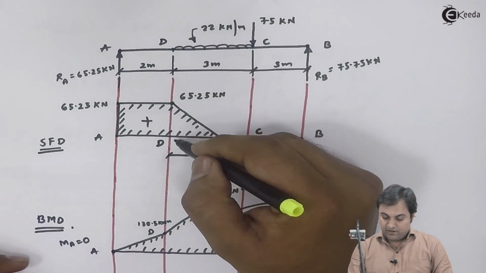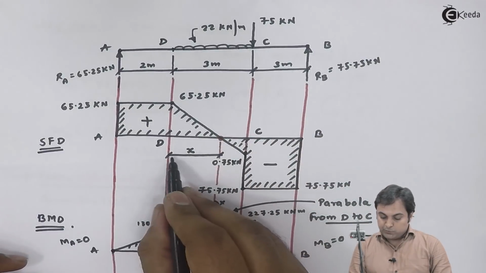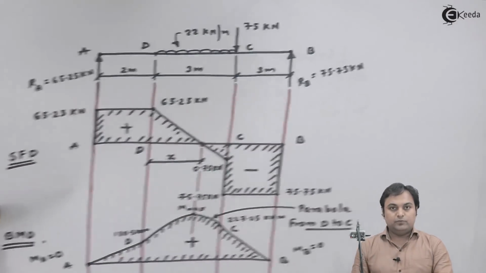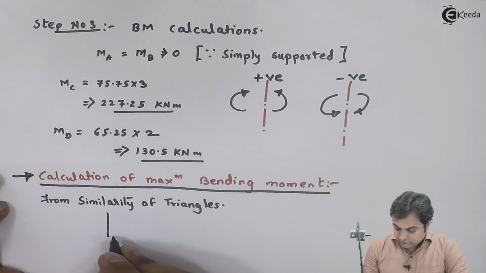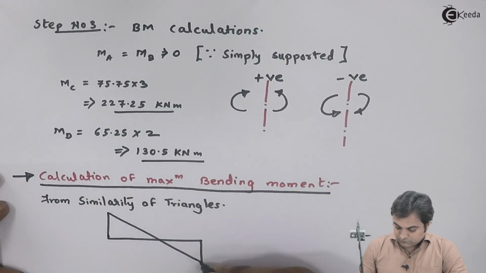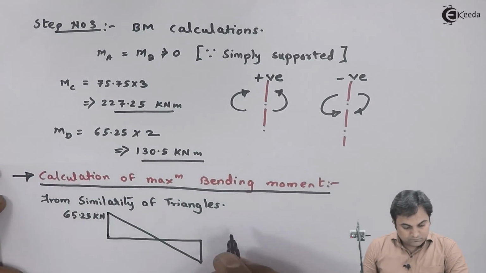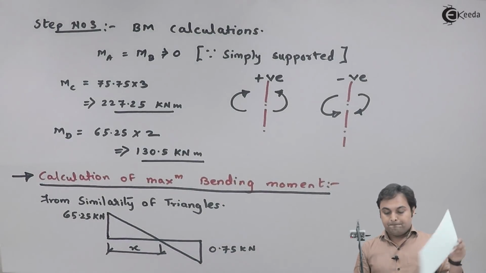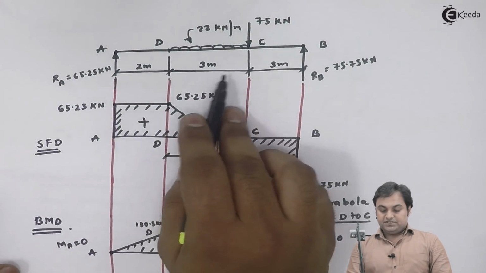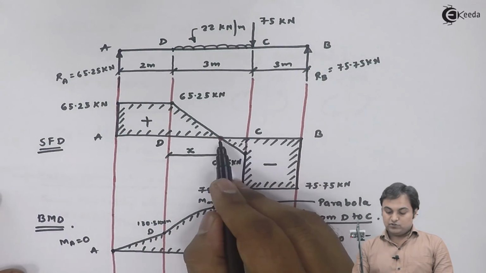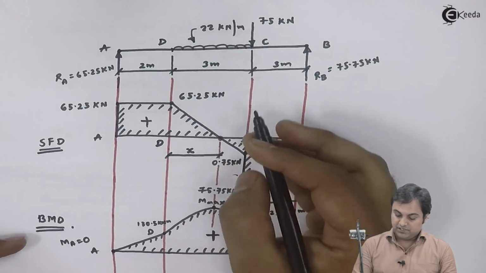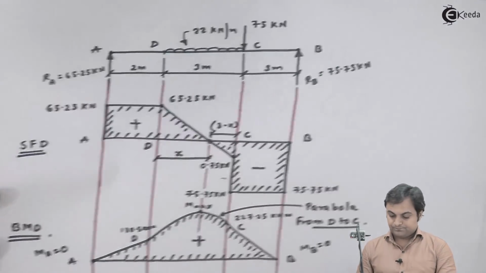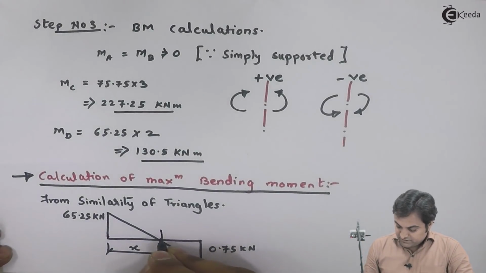Here I have a bigger triangle whose base is X, and here I have a smaller triangle. This distance is X. Between D to C it is 3 meters, so from C to the location of this point, that becomes 3 minus X.